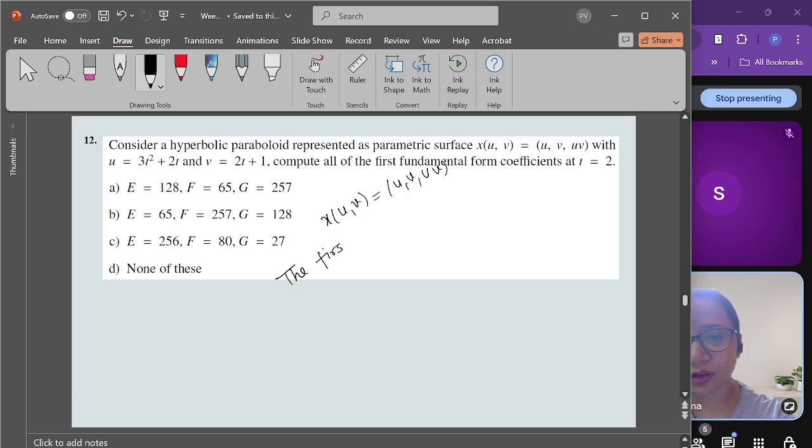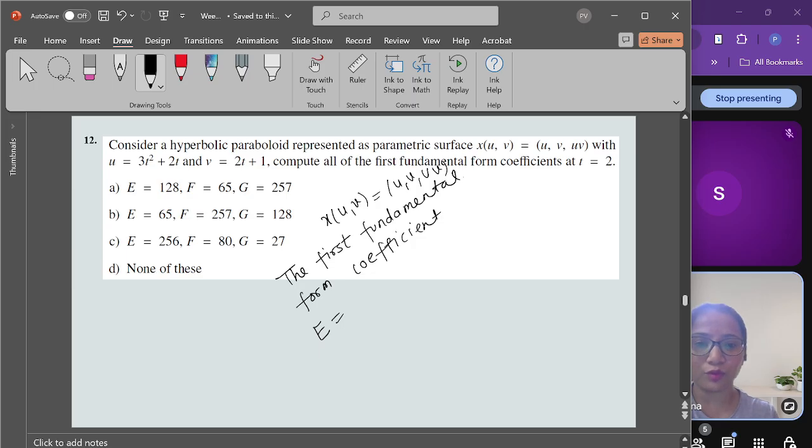Now, first, how to determine the first fundamental form coefficients? We have already seen that E is the dot product of the first derivative with respect to u with itself, that is x_u dot x_u.